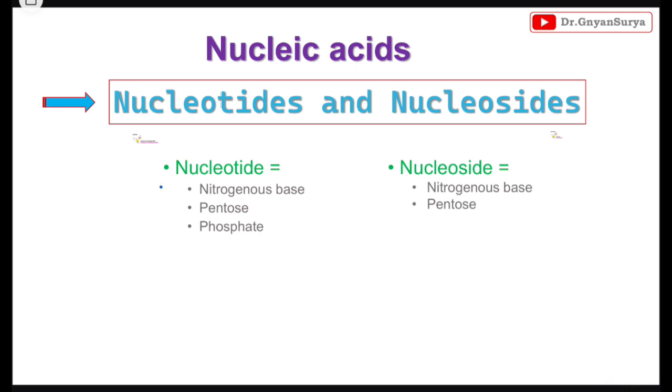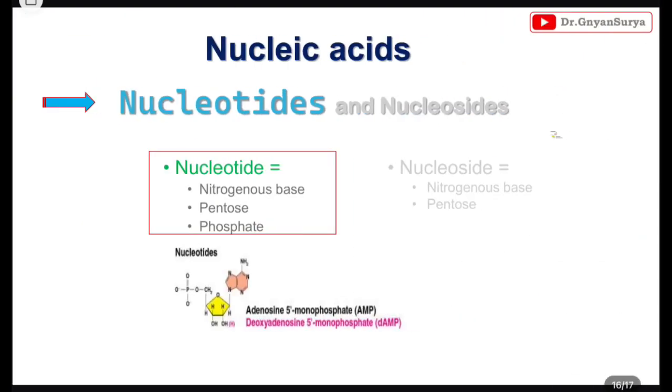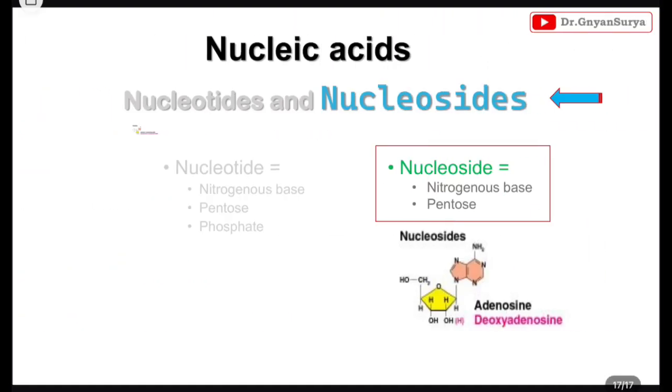Nucleotide is composed of nitrogenous base, pentose sugar and phosphate group, whereas nucleoside is composed of nitrogenous base and pentose sugar, right? This is a basic example for the nucleotide, which is composed of this nitrogenous base, pentose sugar, and this is the phosphate group, right? Likewise, we have nucleoside, only 2 units, nitrogenous base and pentose sugar.